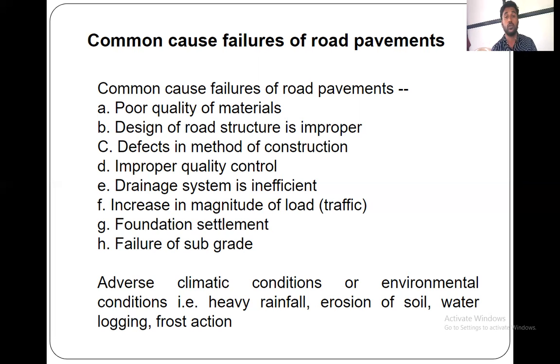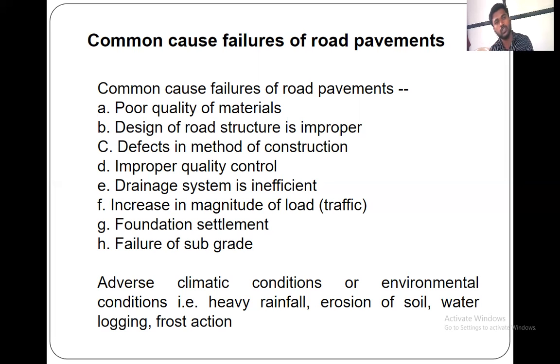Improper quality control. Also, while using the material, we should maintain the quality of that road. Quality in the sense what? Quality of the material, quality of the mix, quality of the construction, all these qualities that we need to achieve on the site. Whenever we are mixing the material, quality should be achieved. Whenever we are using the material, quality material should be used. Mix should be quality. Then we have to carry it out and place it on the site.